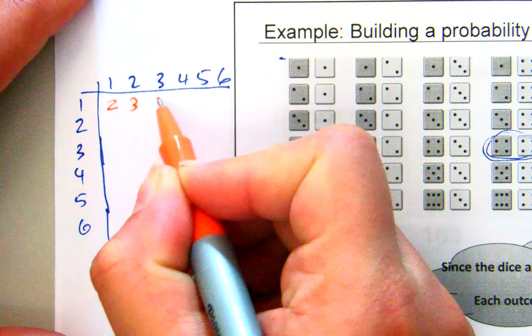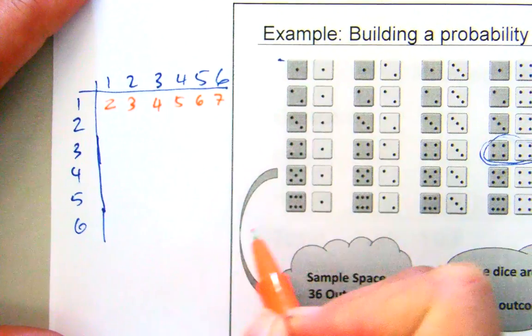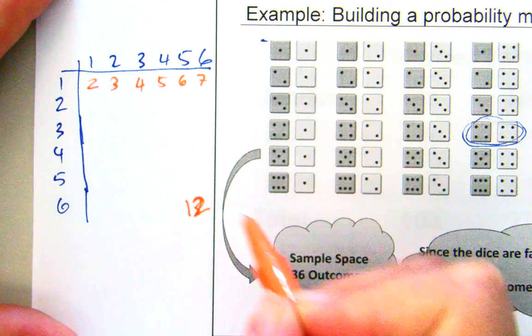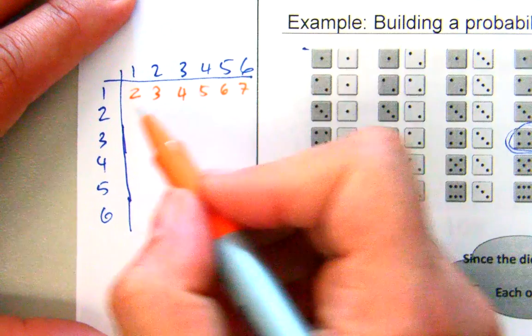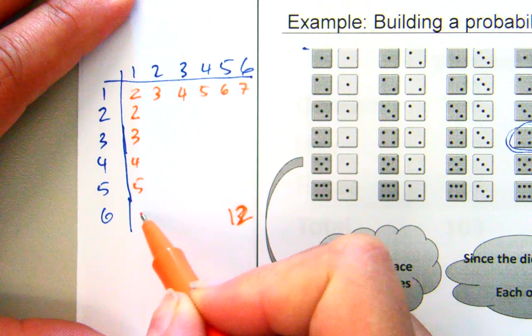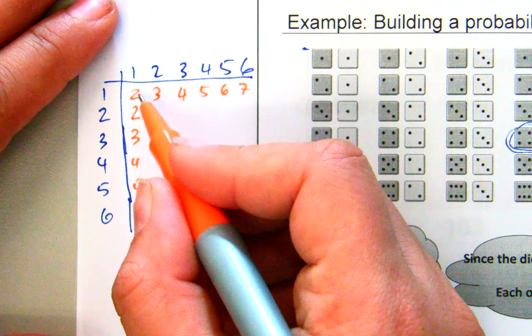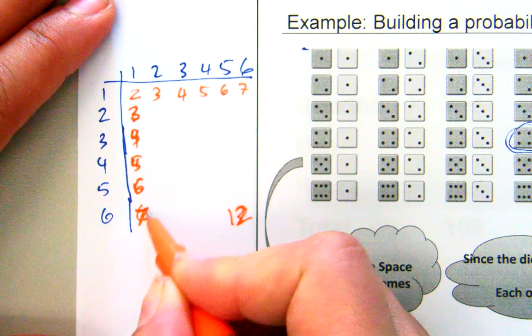The sum of 1 and 3 is 4, then 5, 6, and 7, and so on. Eventually, 6 plus 6 gives you a 12. You can fill this in however you want. These are the sums you get when rolling two dice.